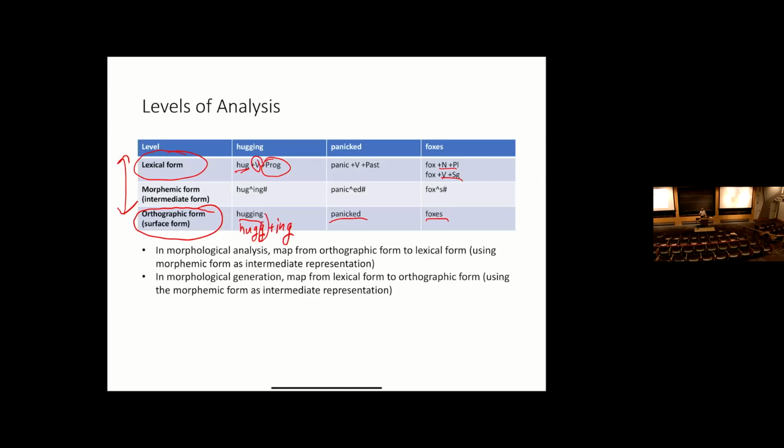So we have all kinds of rules that correspond to the spelling rules of English, or all kinds of knowledge that corresponds to those rules that allows us to map between an orthographic form and a morphemic form. And then that makes it easier to go to a lexical form, and vice versa.